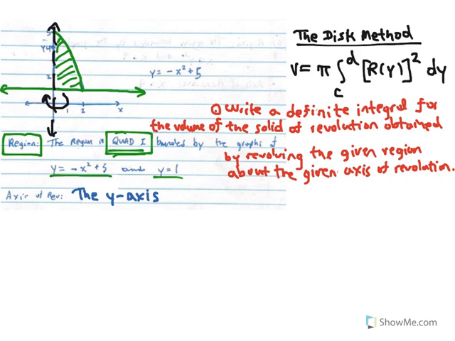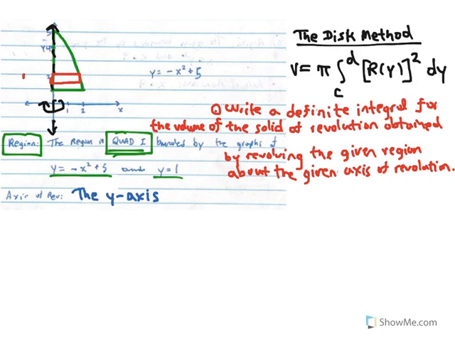So our next step is to draw a representative rectangle within our region. So here is our representative rectangle within our region. And then we will revolve this rectangle about the axis of revolution, and when doing that, we obtain a cylinder or a disk.